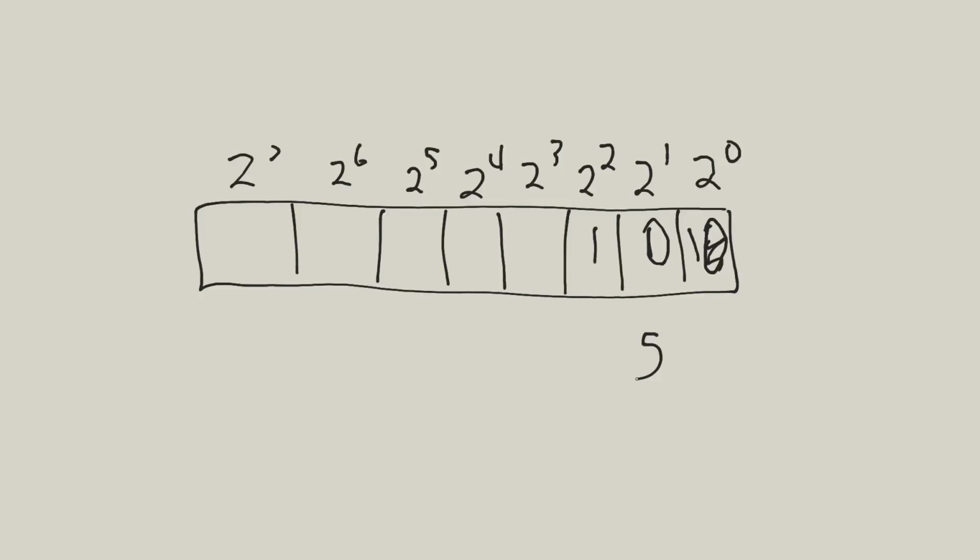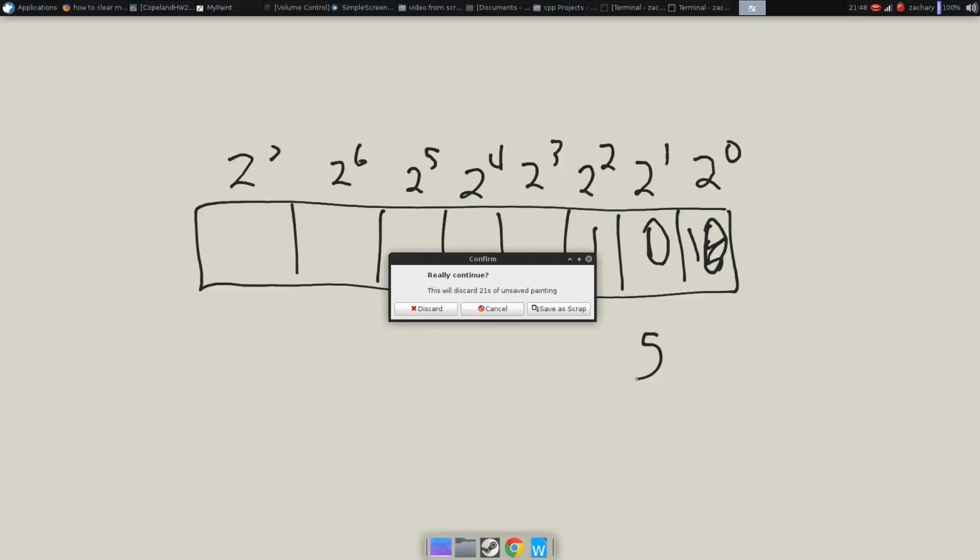And the reason this ties into signed and unsigned integers is because if you imagine we have a new completely blank byte, and we have it full of ones.